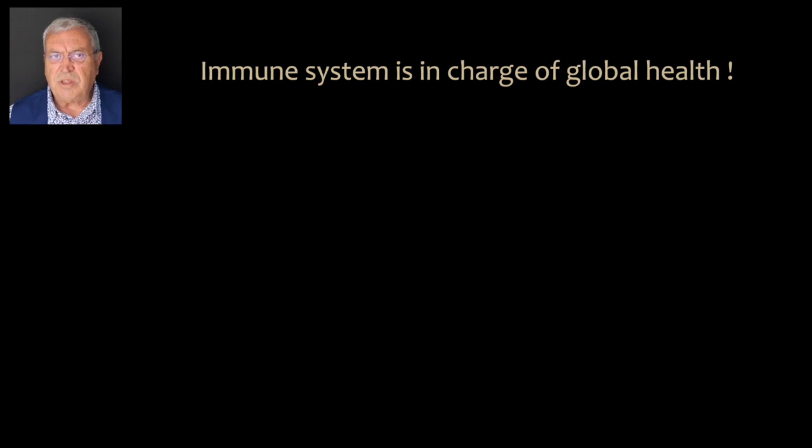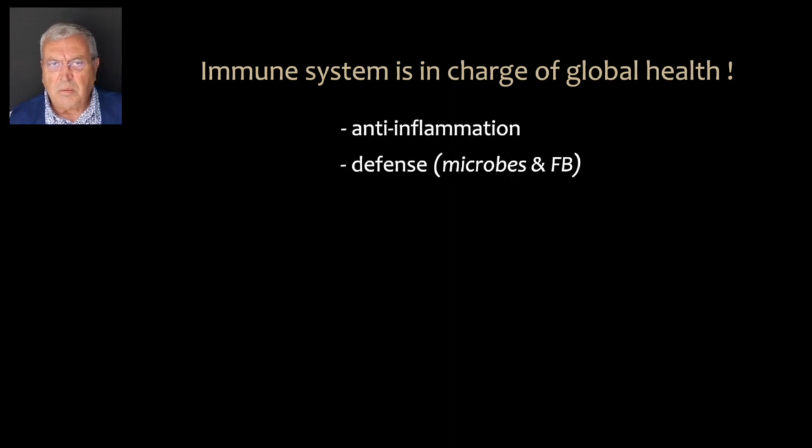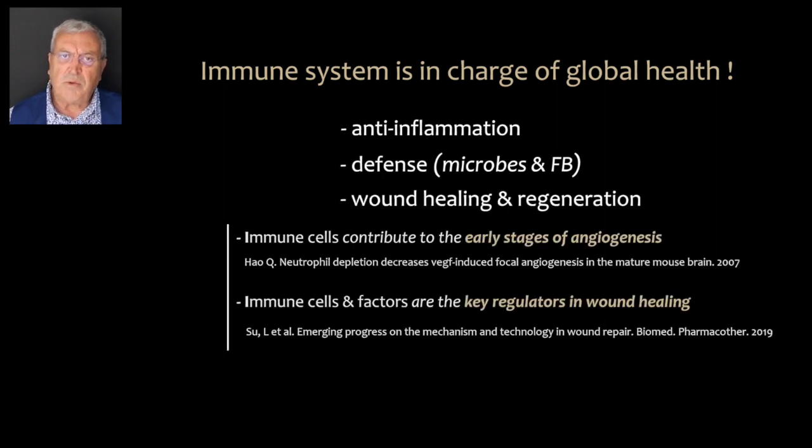Then we understand how the immune system is in charge of the global health by anti-inflammation, by organizing the defense, and by taking care of the wound healing and regeneration. Immune cells contribute to the early stage of angiogenesis, and we know how important angiogenesis is. Immune cells and factors are the key regulators in the wound healing.